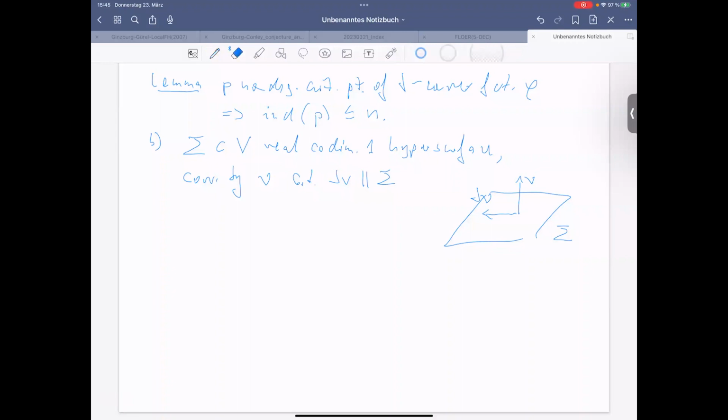Then we let C be the tangent space to sigma. So that is, of course, not invariant under complex multiplication.